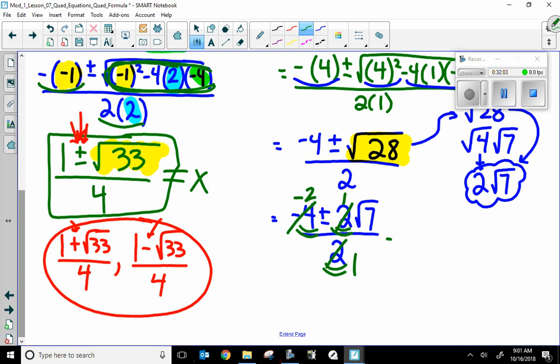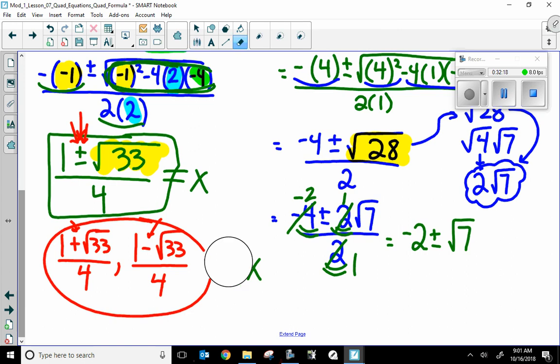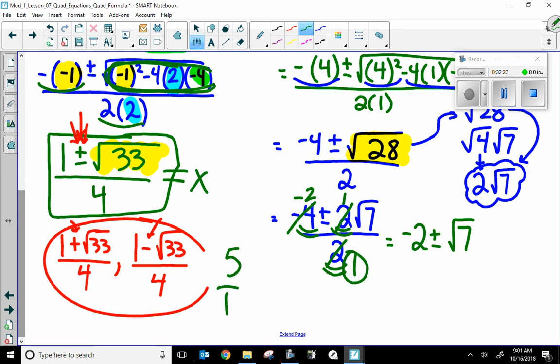So when I rewrite that, I end up with negative 2 plus or minus radical 7. I don't have to write the 1 in front of the radical 7 because anything times 1 is itself. Just like x, I don't have to write the 1 here because I know it's 1x. Anything over 1, I don't have to write as well. 5 over 1 is just 5, isn't it? So this is actually my solution.